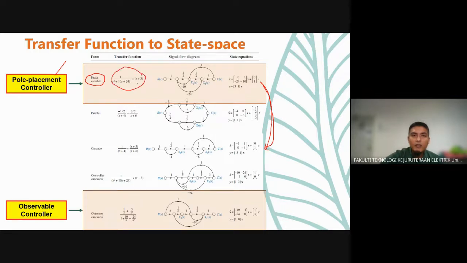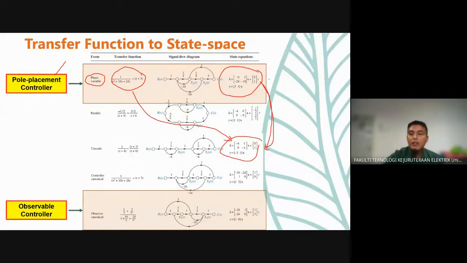You must know the transfer function, and after that, from the transfer function, you only can convert to this form. Okay, so if you want to convert from state space A to state space B, you must have the transfer function.